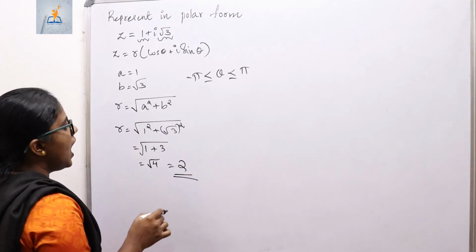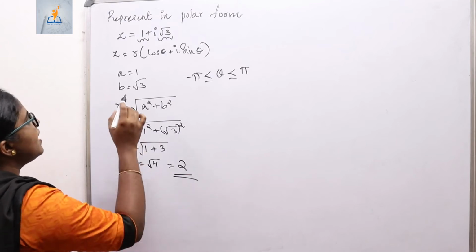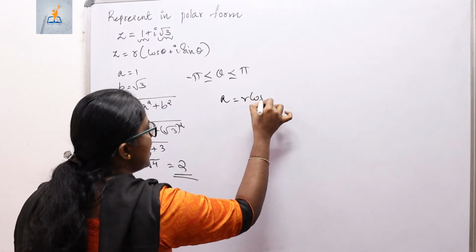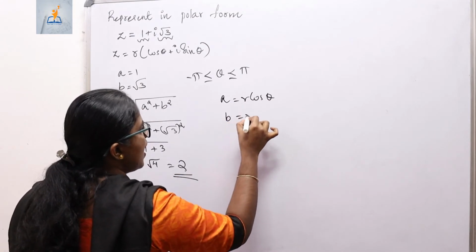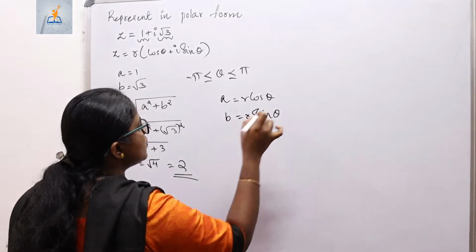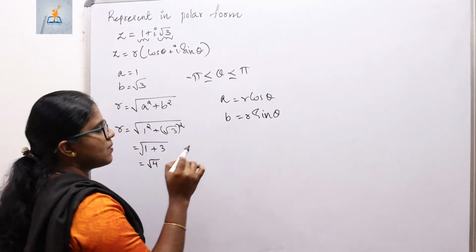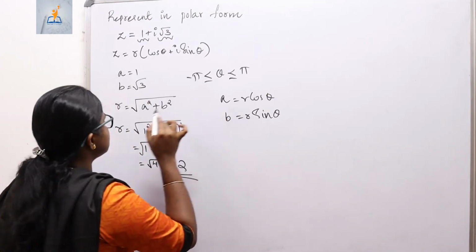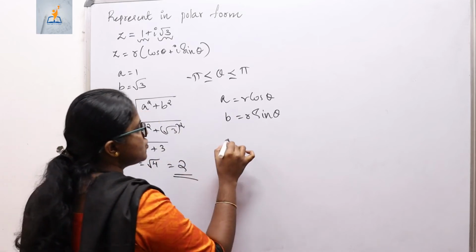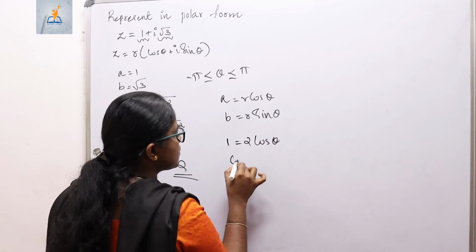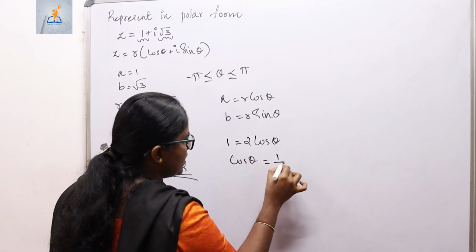So we got r is equal to 2, and we know that a is equal to r cos theta and b is equal to r sin theta. Substituting the values of a, b and r in these equations, we get 1 is equal to 2 cos theta, which means cos theta is equal to 1 by 2.